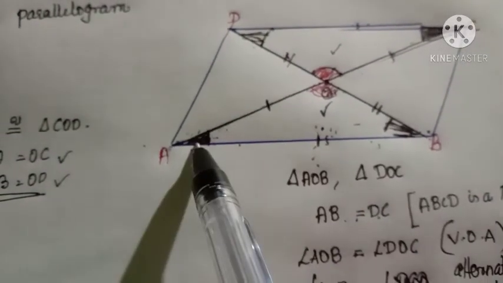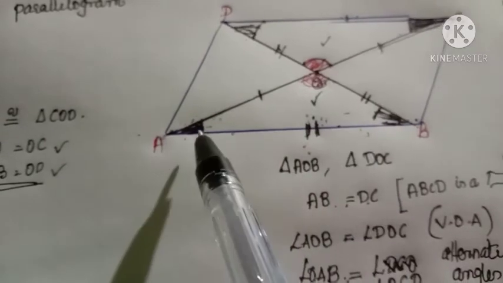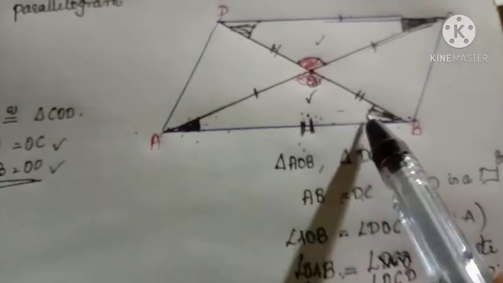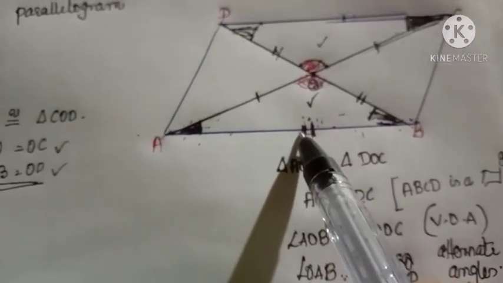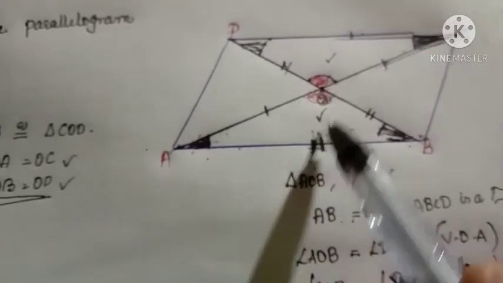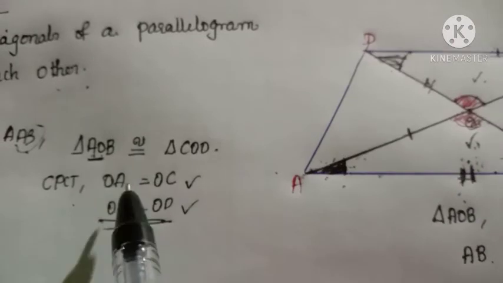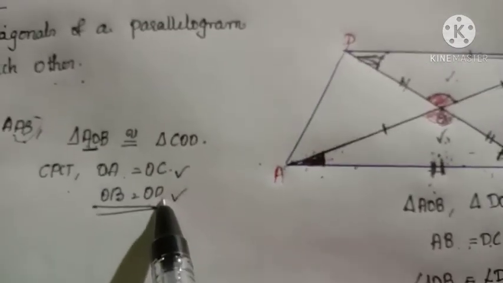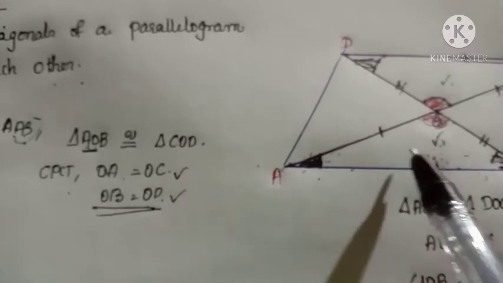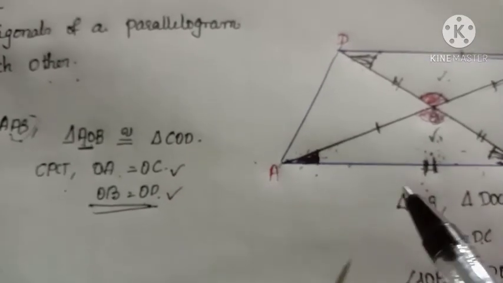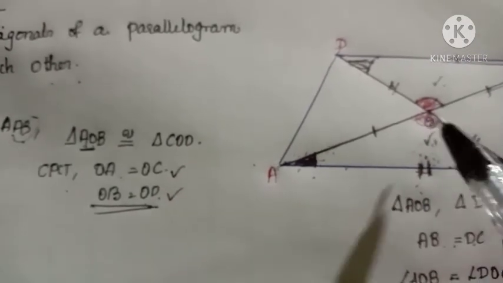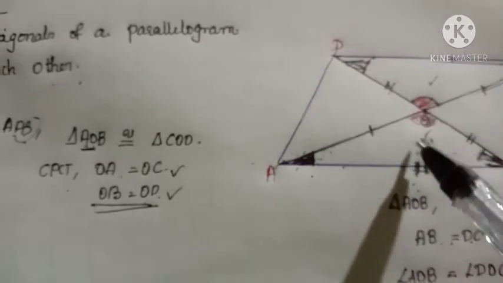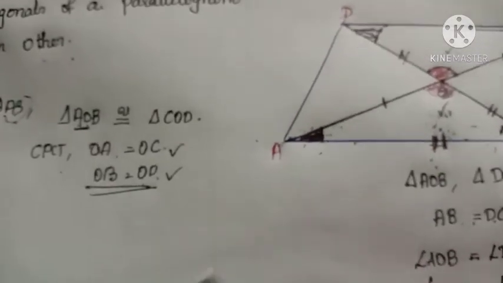So if we consider these two angles and this side, now this becomes ASA, two angles and included side. We can similarly prove these two triangles are congruent, and then by CPCT rule, OA equal to OC, OB equal to OD. It's up to you. You can select any of the congruence rules. Our aim is to prove these two triangles are congruent to each other.